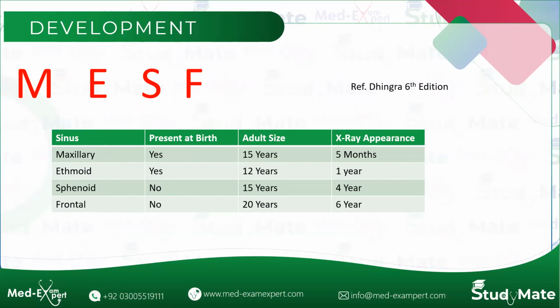इसमें अब आपको याद रखने वाली जो बात है वो ये है कि पहले दो साइनसेस they are present at birth, maxillary and ethmoid, whereas the sphenoid and frontal sinus are absent at birth. Maxillary sinus reaches adult size by the age of 15 years, whereas the frontal sinus, which is the last to start developing, it reaches adult size by the age of 20 years.